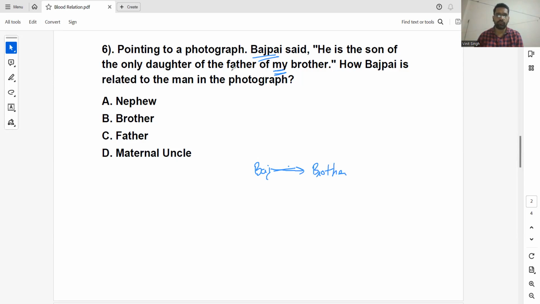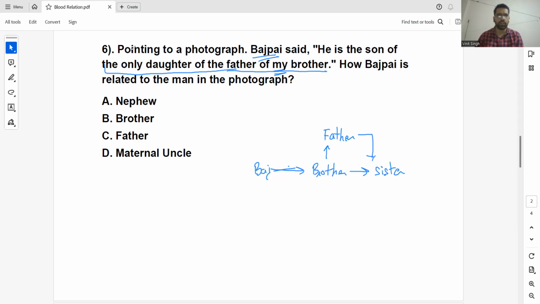My brother. The father of my brother. Father. Clear? The only daughter of the father of my brother. Vajpayee, brother, brother's father's only daughter will be a sister of Vajpayee.